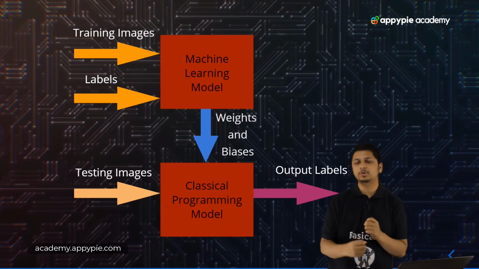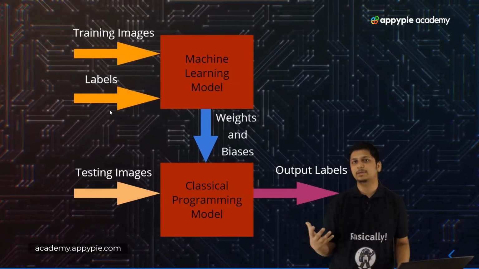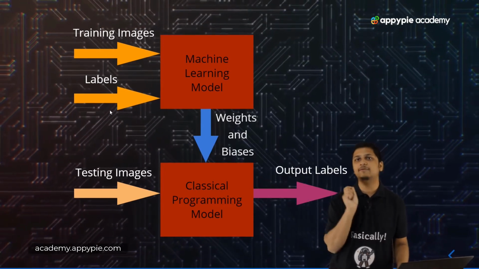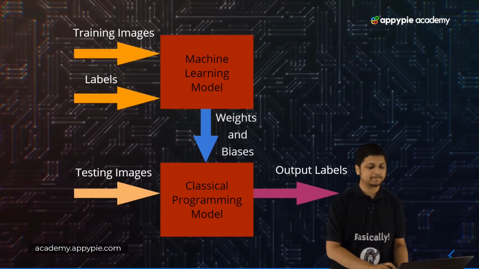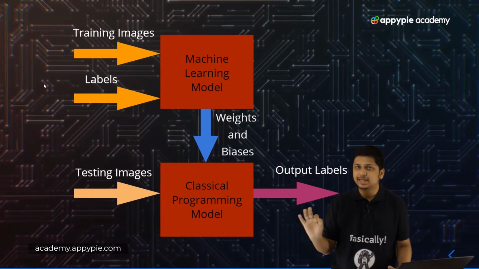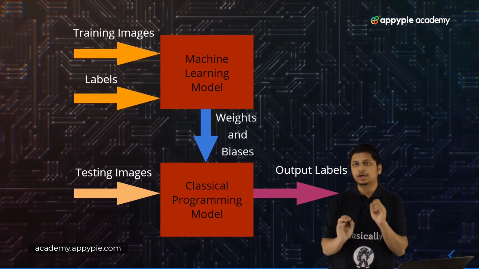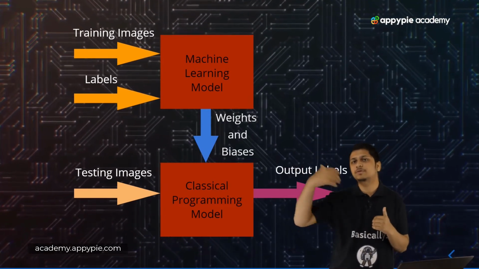So then we come up to the next part of the model, which is a classical programming model, and this is also required for a program to function properly. In the case of a classical programming model, we pass in the testing images. Okay, so we pass in some data set which is not in the initial data set which was used for training.